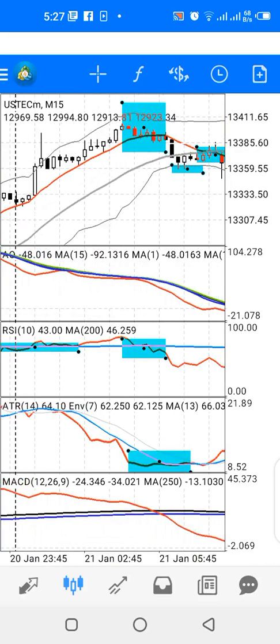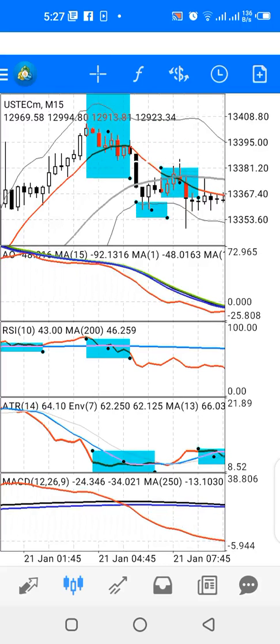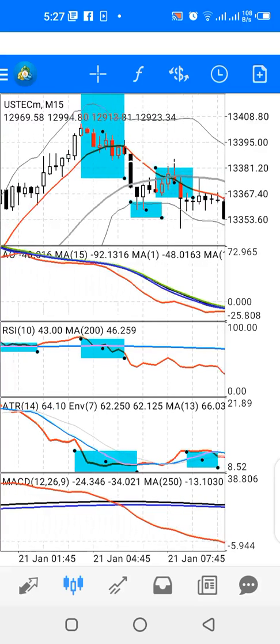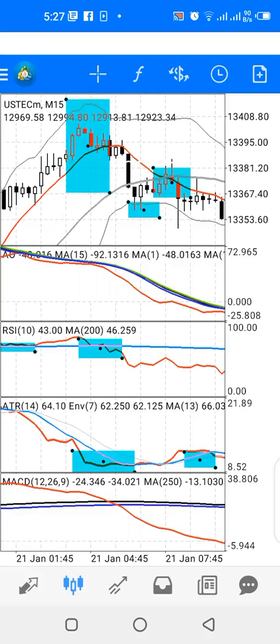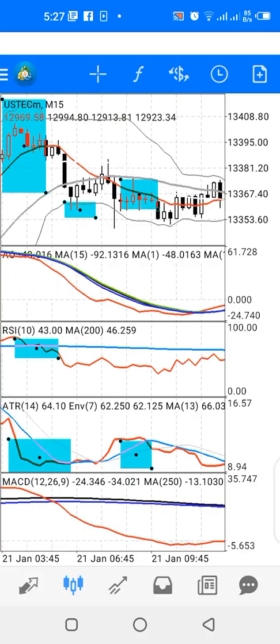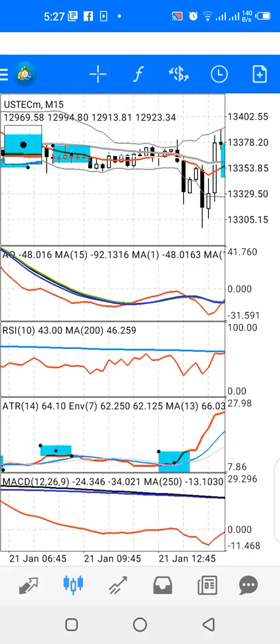Is it an impulsive wave or a retracement? If you look at from here to here is another swing. From here on the main chart to this point on the main chart is another swing. Now from here to here is also another swing.